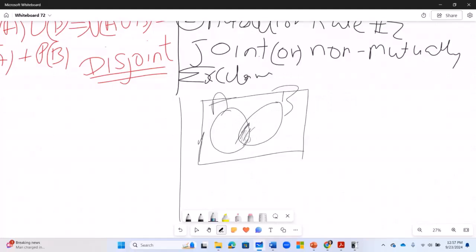So these 2 are non-mutually exclusive. Because their Venn diagram has an intersection. So non-mutually exclusive events are called joint events, and they are also called probability rule number 2.